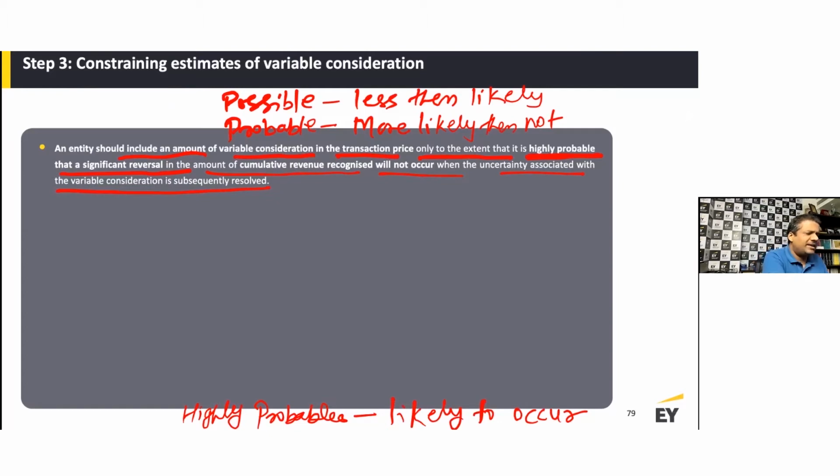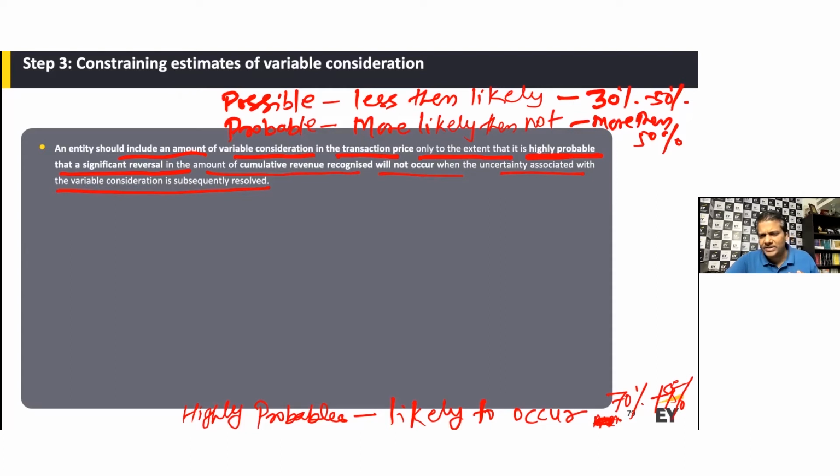So in percentage terms, possible is somewhere between 30% to 50%, probable is more than 50%, and highly probable is something more than this, I would say 70% plus, up to 95%. If I go beyond 95%, that's like certain.